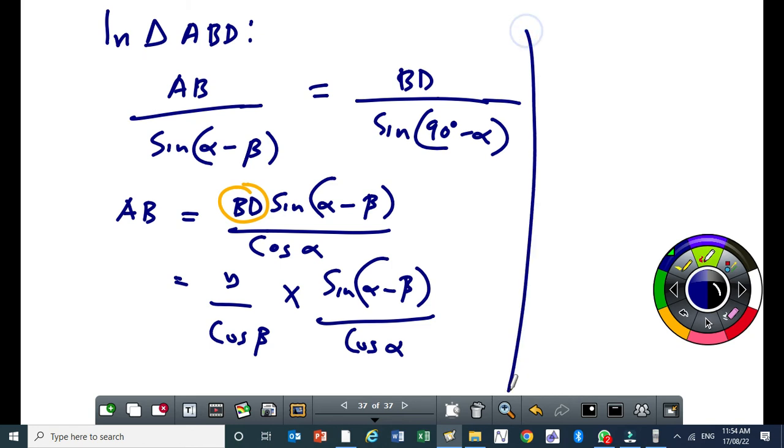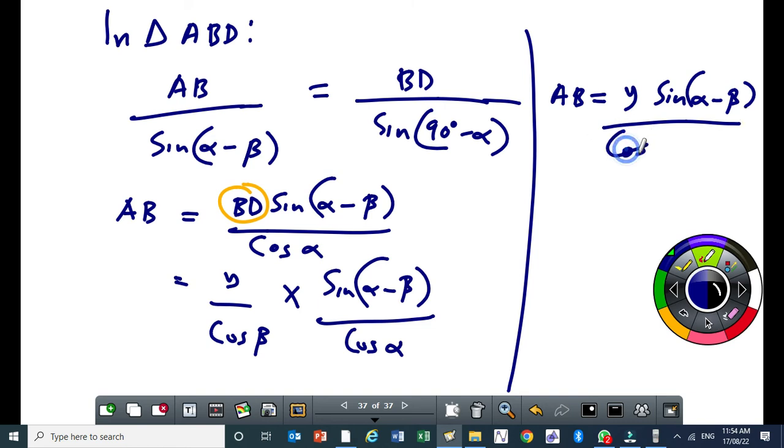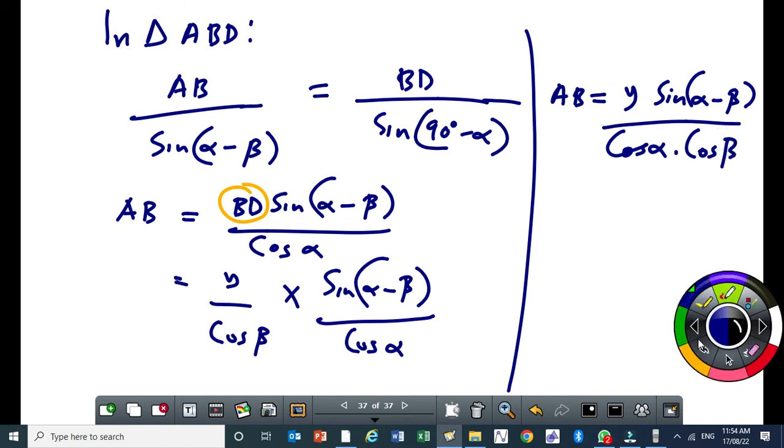Which means I can now safely say that AB will be equal to y sine alpha minus beta divided by, well, let's start with cos alpha times cosine of beta. Okay, and then we are done.